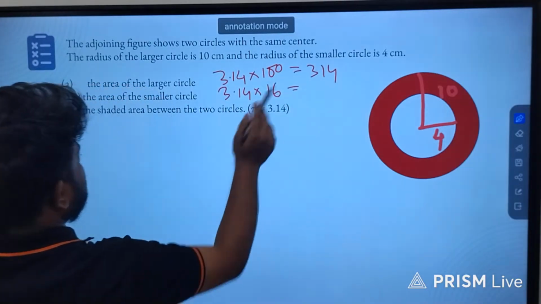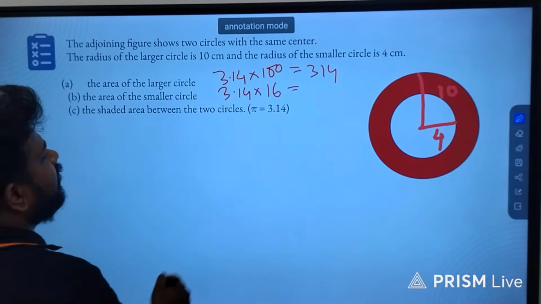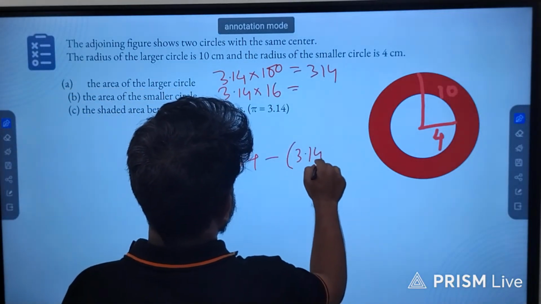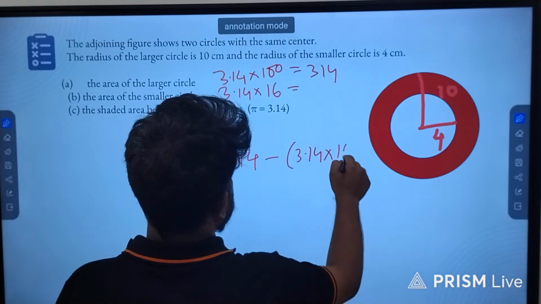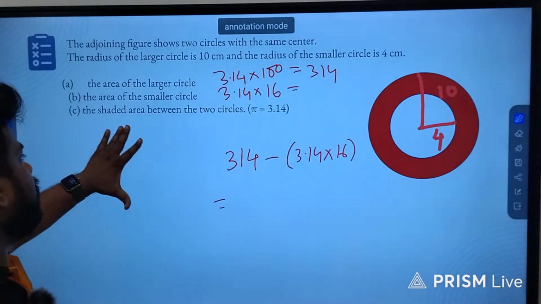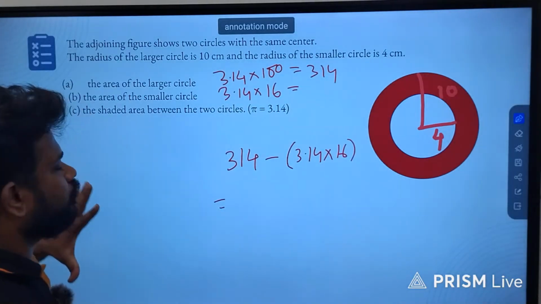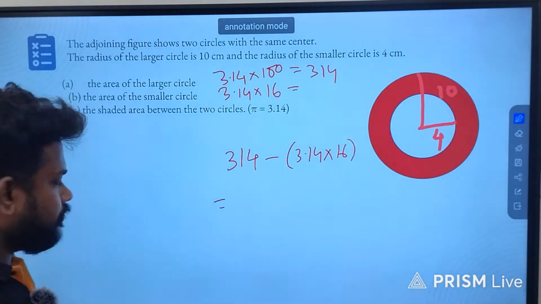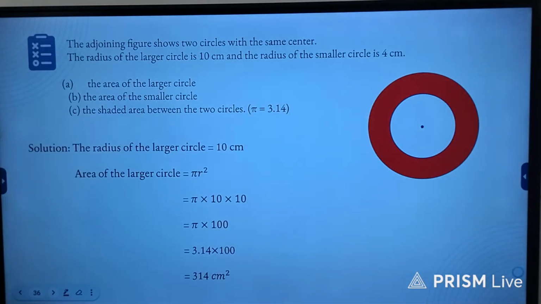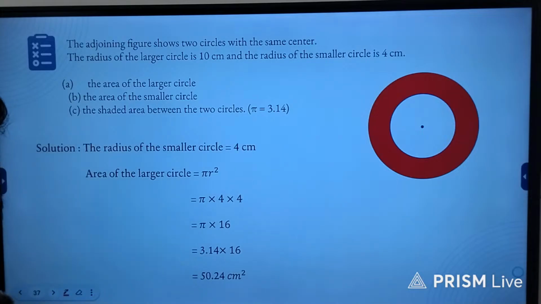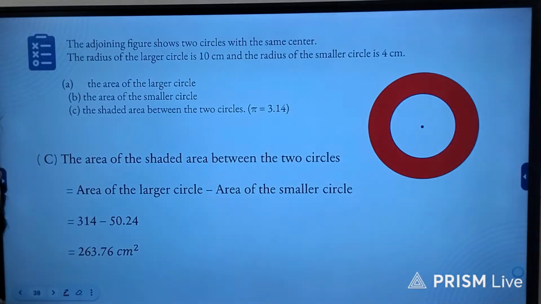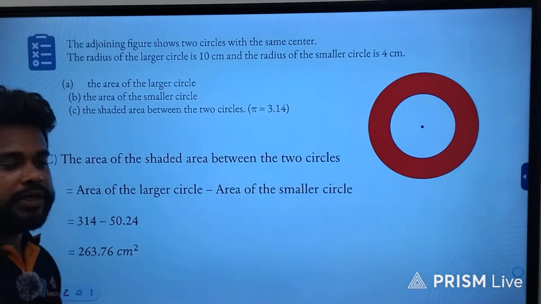The shaded area will be 314 minus 3.14 into 16. The first one is 314, the second one will be 50.24, and the final will be 263.76.